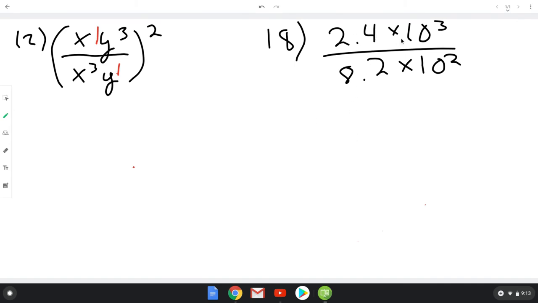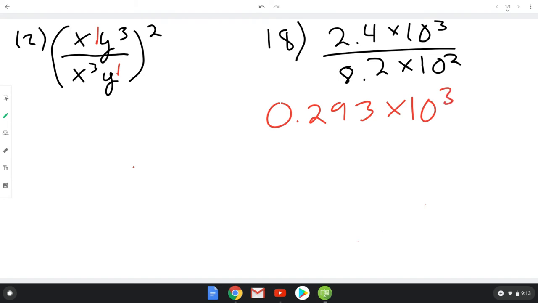And if they do have exponents, then we subtract those exponents. So we do 2.4 divided by 8.2. And that's going to be 0.293. It goes on, but I'm just going to stop there.